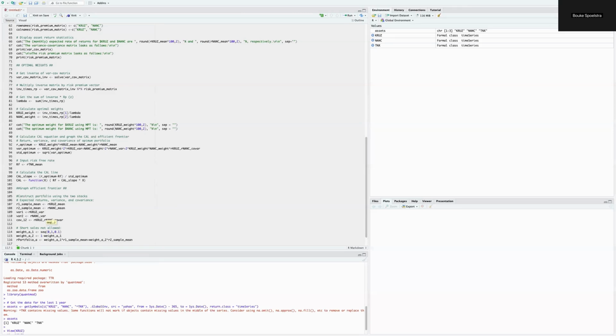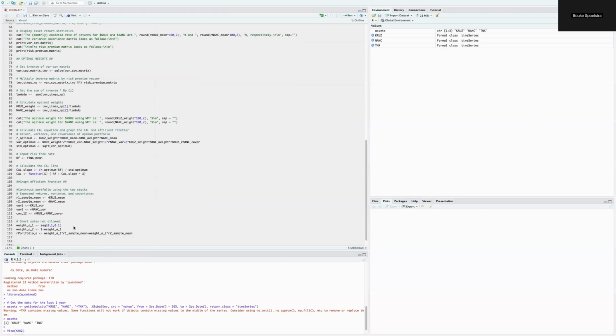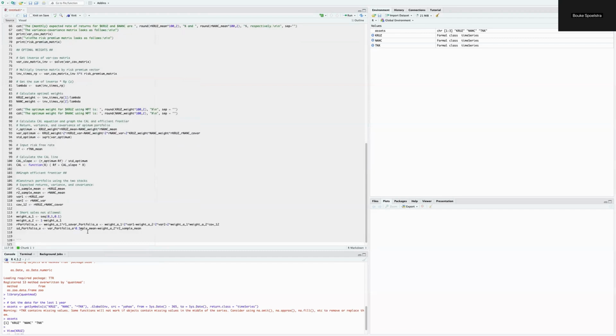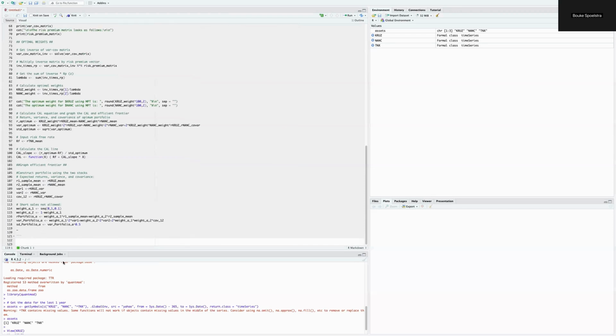So again, this is just a formula for the portfolio. And so I'm going to copy over the variance and standard deviation. Okay. So these are the formulas for the return, variance, and standard deviation of the portfolios, just based on what we already know.